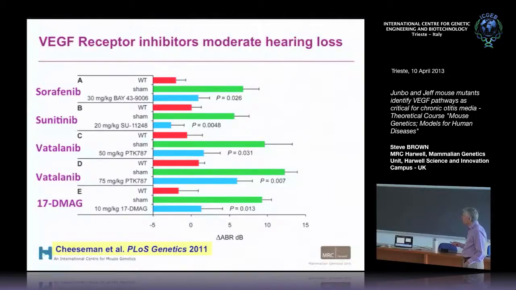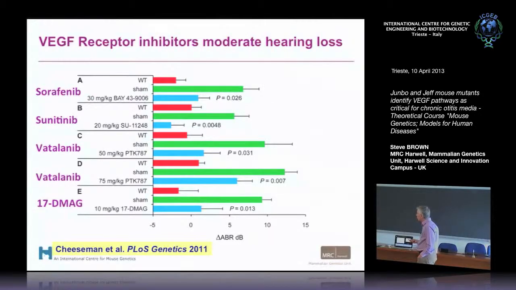So the bars that you need to focus on are these blue bars, and particularly compare that to the sham-treated mutant mice in the green bars. And the wild types, if you like, are our controls. You can see that in the wild type, this is the delta ABR. Here we have no change in hearing over the period. And as you can see, the wild type mice in the red bars, they're not showing any change.